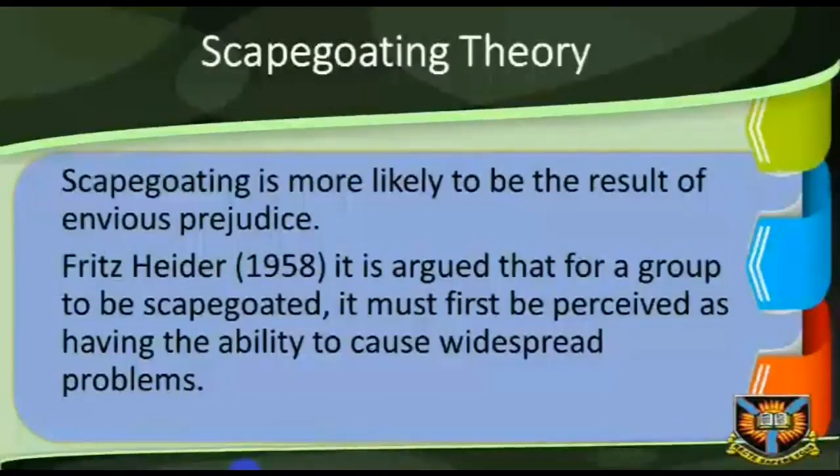In other words, it is argued that for a group to be scapegoated, it must first be perceived as having the ability to cause widespread problems. There also must be the perception that the targeted group has the intent to cause the frustrating event.